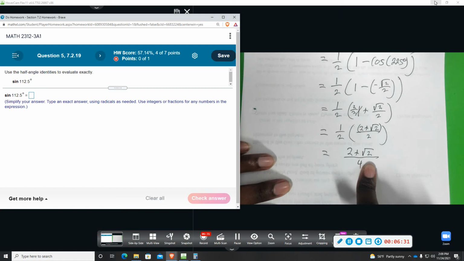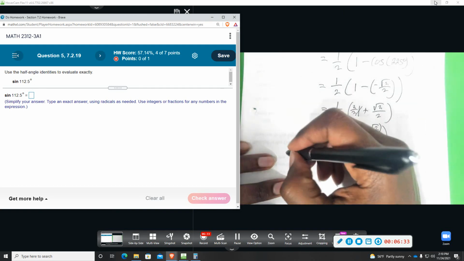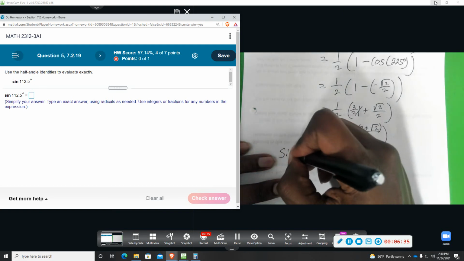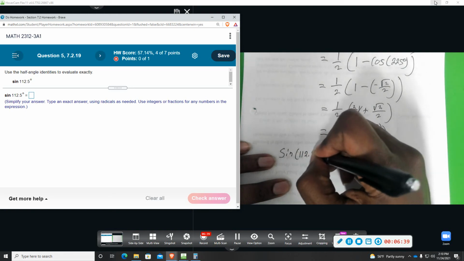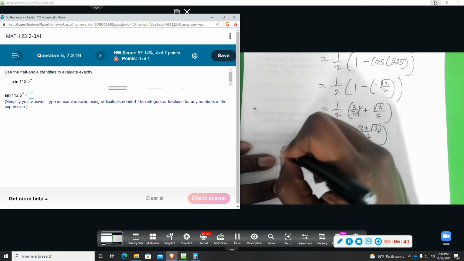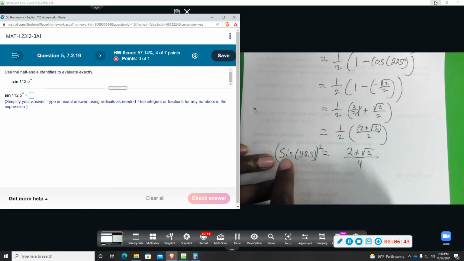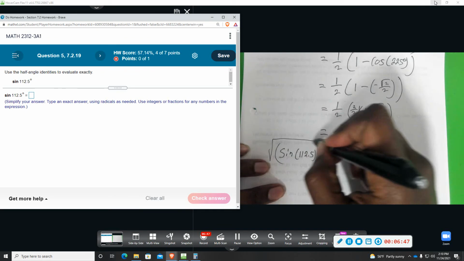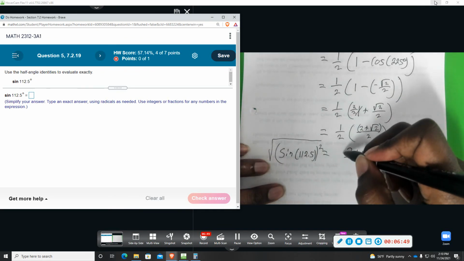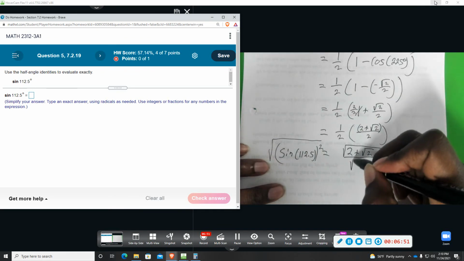However, we're not finished because this is what sine of 112.5 squared is equal to, and I want to know what sine of 112.5 is equal to. So you have to take the square root of both sides. And the square root is basically square root of the top and square root of the bottom.